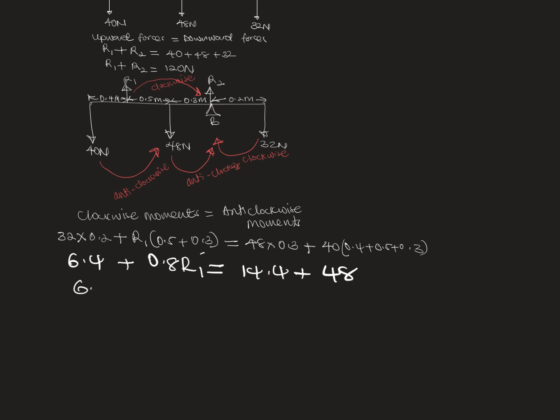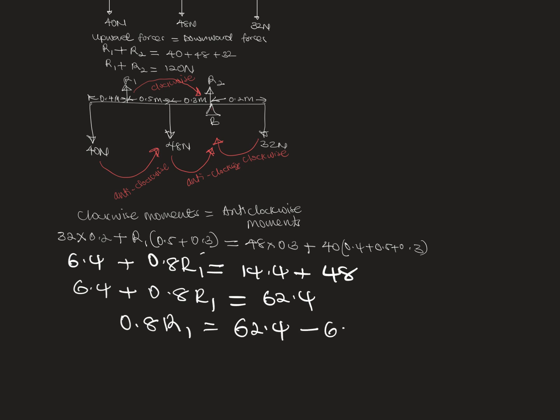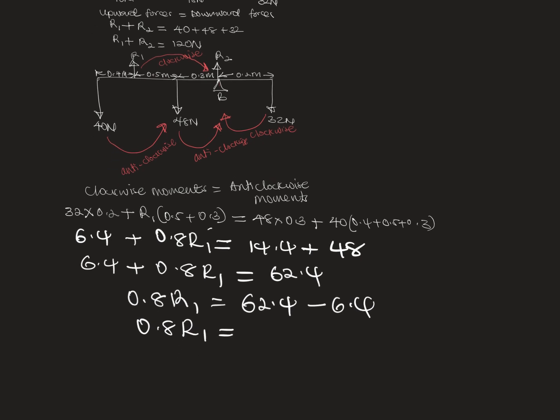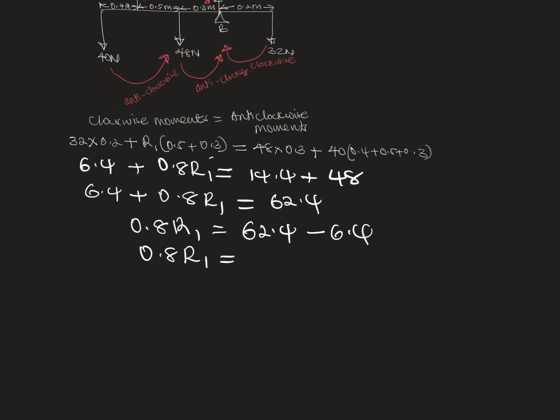So this is 6.4 plus 0.8 R1 is equal to 14.4. If you add it to 48, you have 62.4. Okay, so let's collect like terms. We'll have 0.8 R1 is equal to 62.4 minus 6.4, which gives 56.